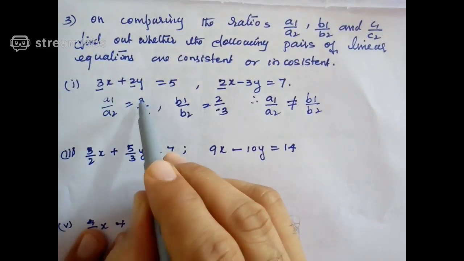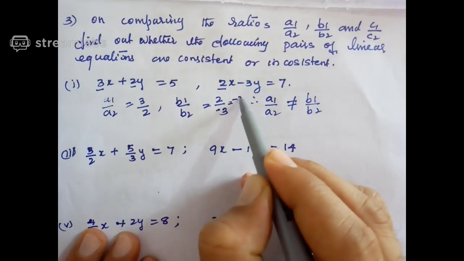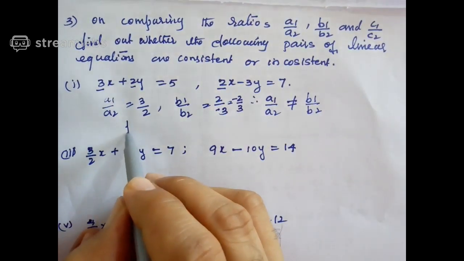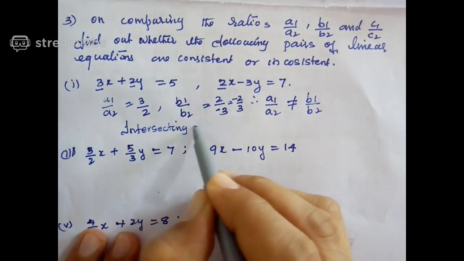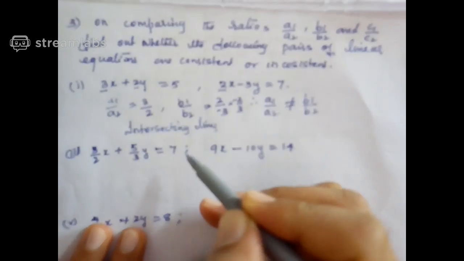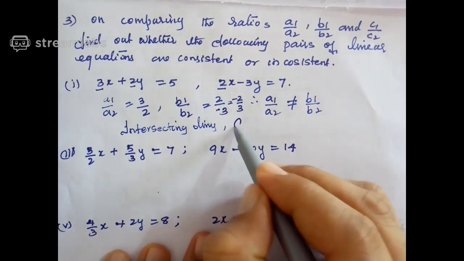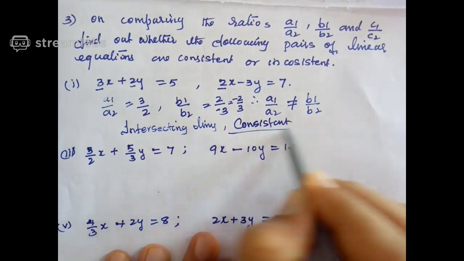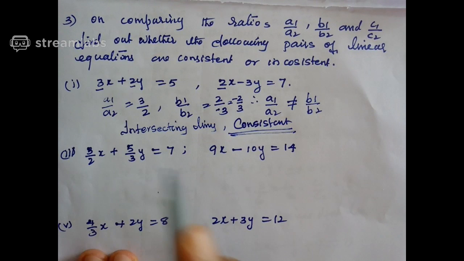Because a1 by a2 is 3 by 2, b1 by b2 is 2 by minus 3, that is minus 2 by 3. So a1 by a2 is not equal to b1 by b2. They are intersecting lines and it has a unique solution so that it is consistent.